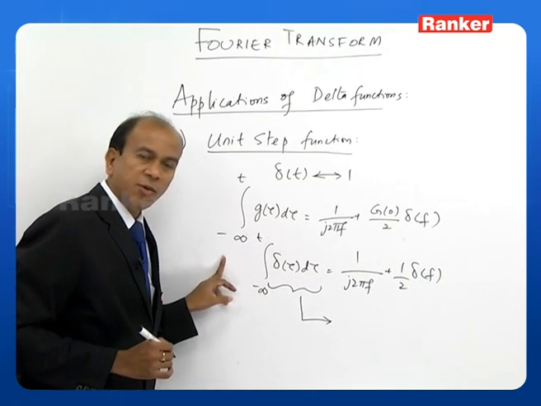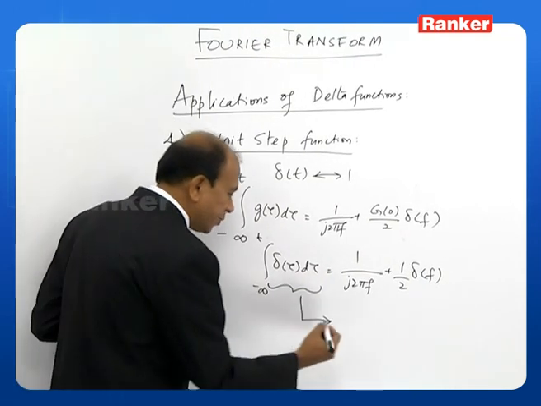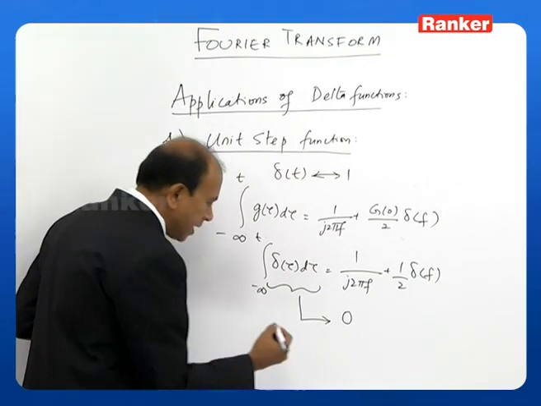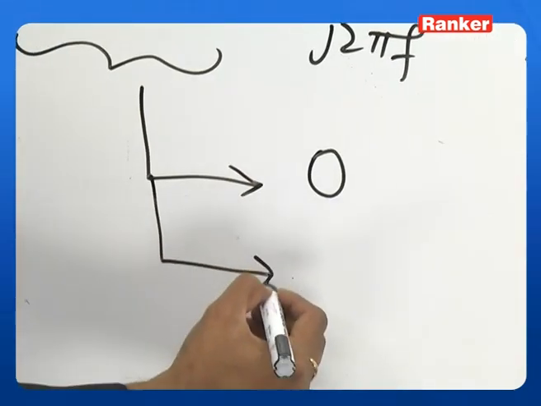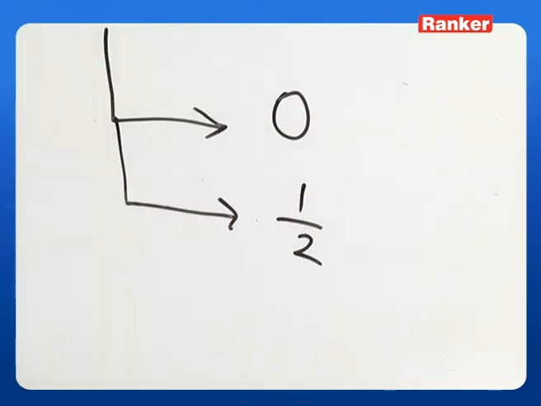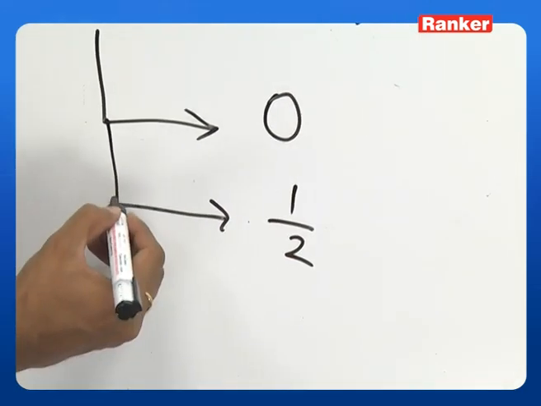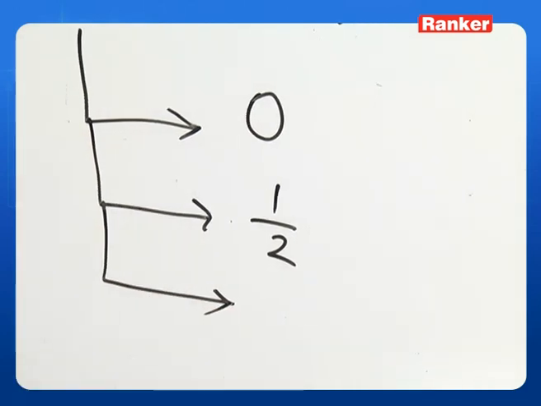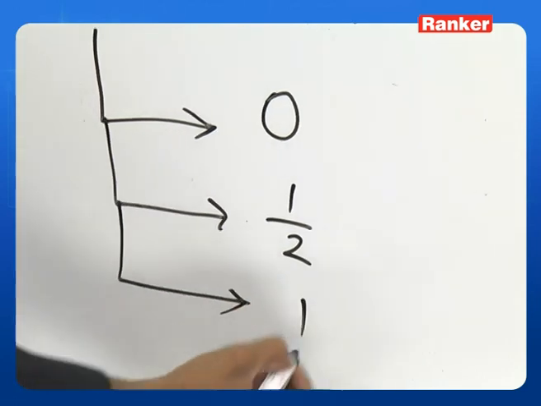For all negative values of t, this will take a value equal to 0. At t equal to 0, this will be equal to half, and for t greater than 0, it will become 1 here.